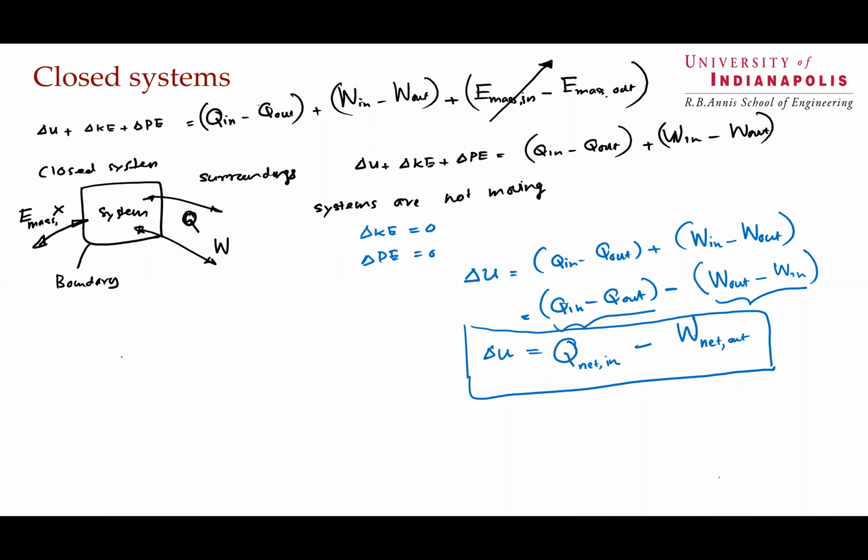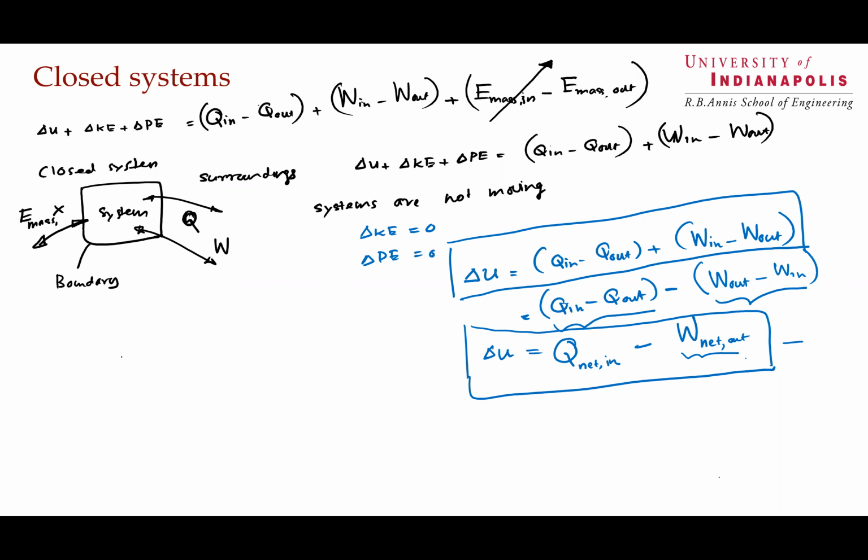So here's the thing. Whenever you use this equation, you can use this equation as well without any problem. But when you use this equation, you have to keep in mind that whatever energy or work leaves the system is positive. If you say that you get 500 kilojoules of work output, you just put that number here.